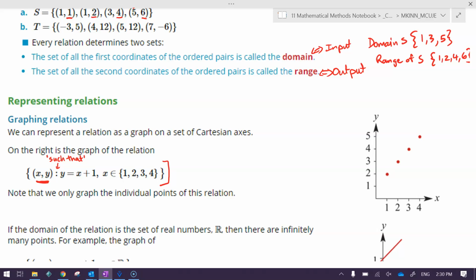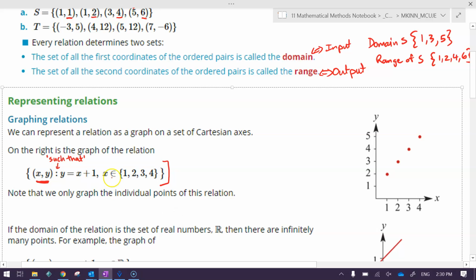So it's just following that rule. I want all the ordered pairs x and y such that y equals x plus 1, comma, and here they've given me an extra bit of information. What have they defined there? They've said my x, do we remember what that little curvy E stands for? Is an element of.